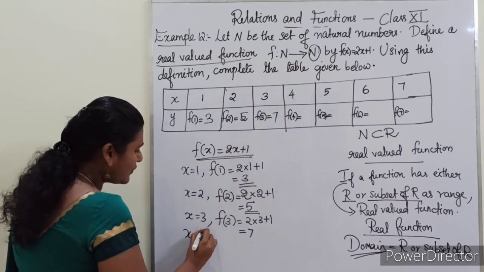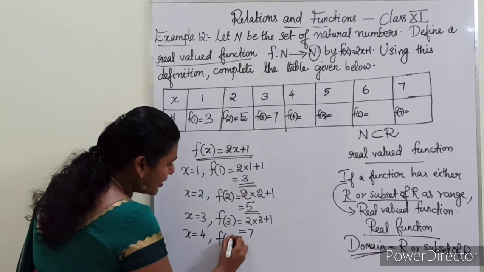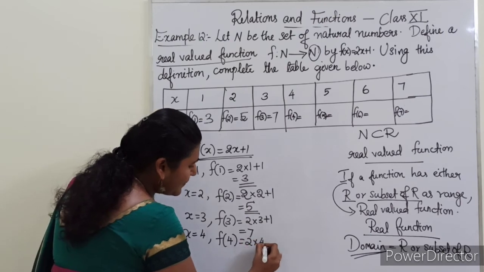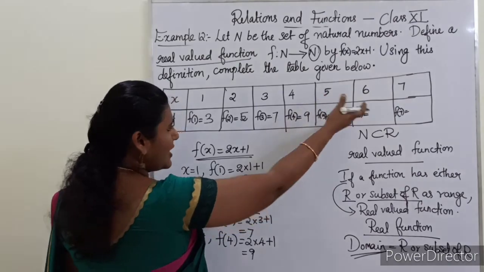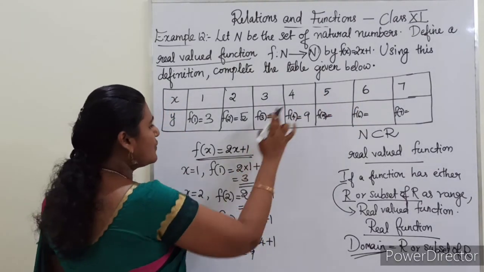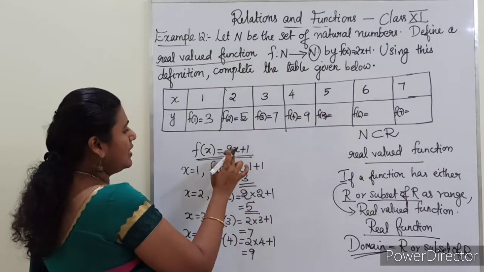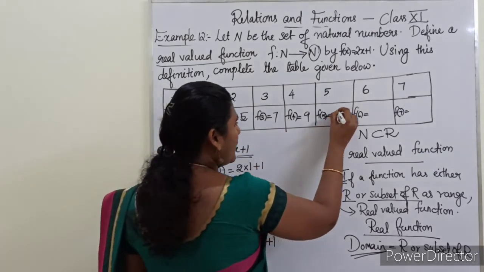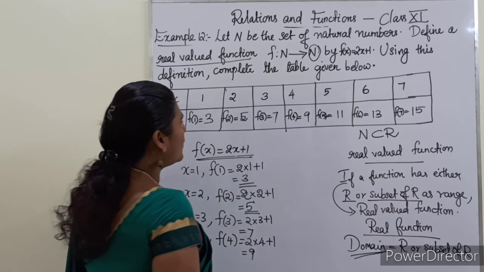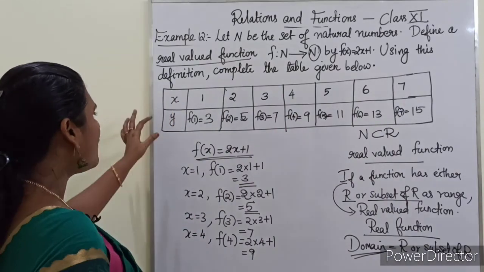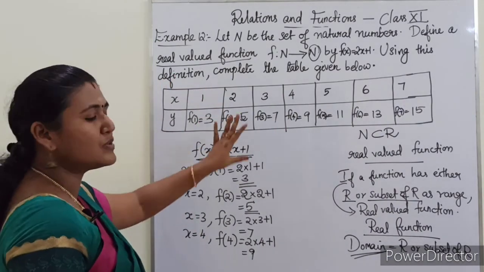Then x is 4: f of 4 is 2 into 4 plus 1, that is 8 plus 1, equal to 9. Similarly for the others: substituting 5, 2 fives are 10, 10 plus 1 is 11, then 13, and here it is 15. So we got the values of y for the given values of x.